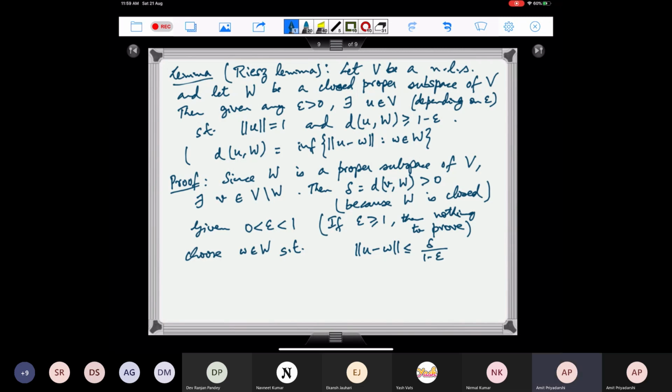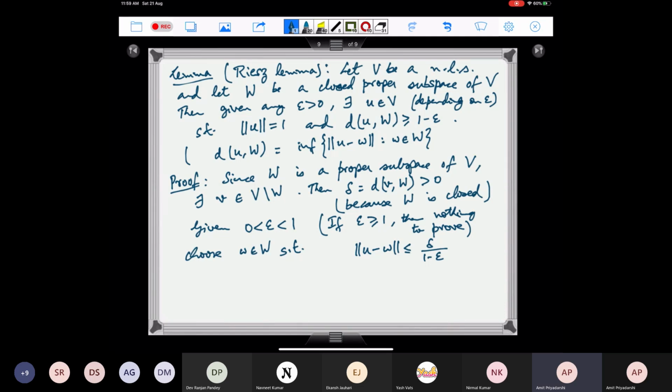Right, delta is the infimum of norm v minus w, where w is in capital W. If we look at delta by 1 minus epsilon, this is strictly bigger than delta.